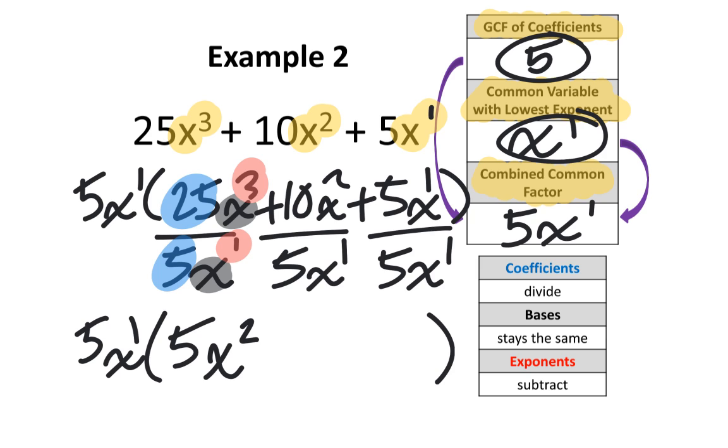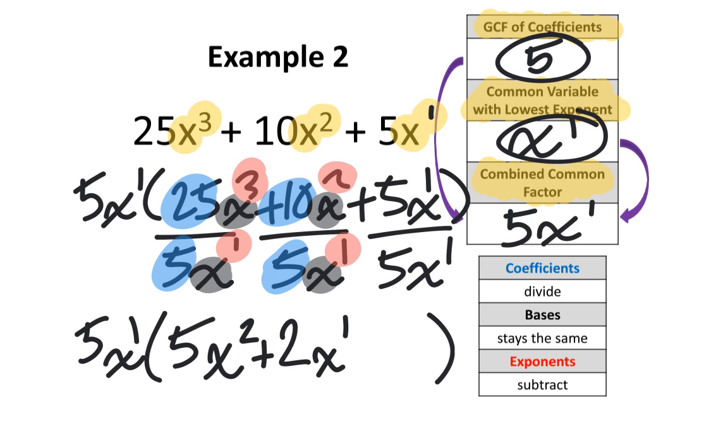We're going to repeat the entire process again. We're going to divide coefficients. So 10 divided by 5 is going to give you 2, but since that's positive, you need to add a positive sign. And bases over here are x, bases stay the same, so that's going to remain x. And then we want to take a look at exponents. Exponents are going to be subtracted. So 2 subtract 1 is going to give you 1.